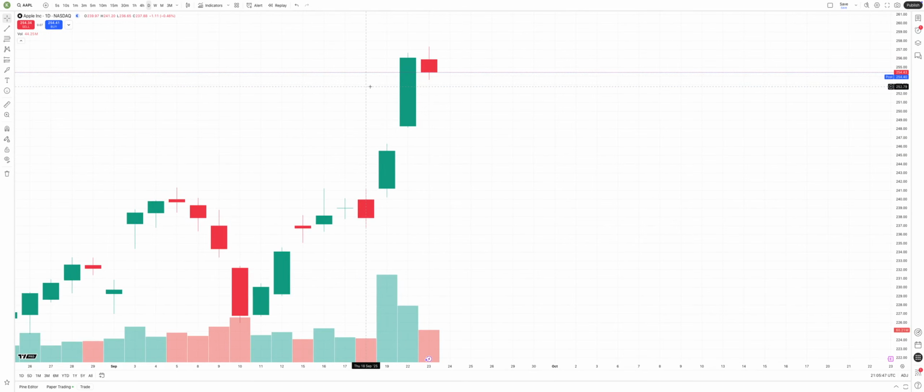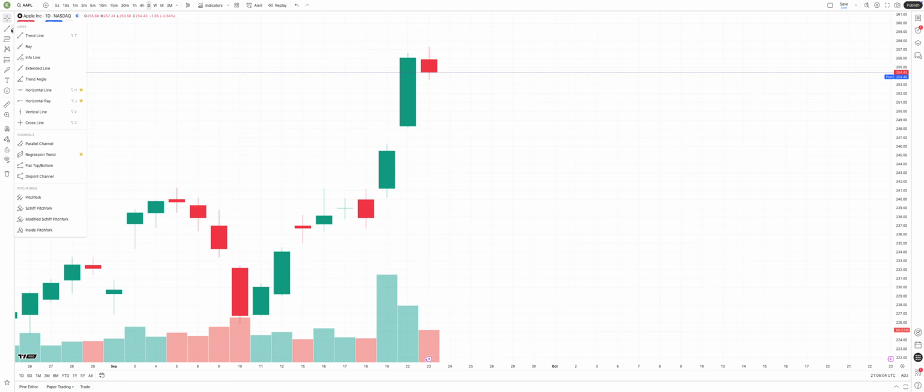So if I wanted to zoom in more, but I really wanted to mark out these levels of price, then I can use my tools here, and then I can drill in further. So we have our trend line tools in the top left corner. We'll click this arrow right next to the trend line, and then we'll click horizontal ray.